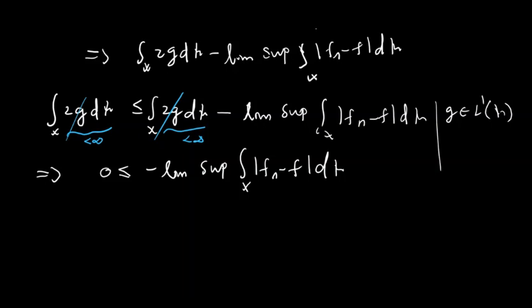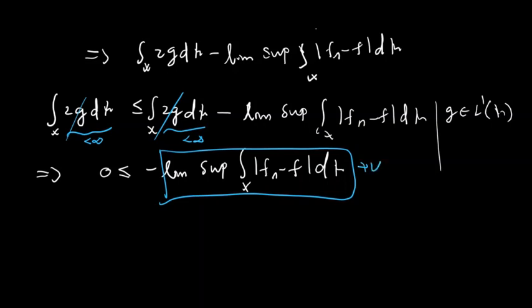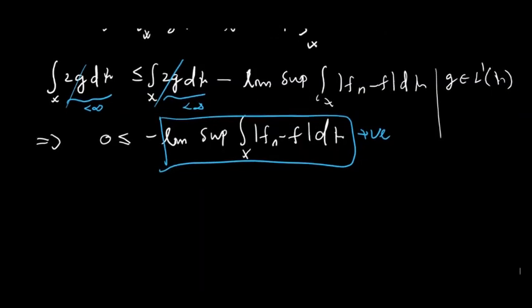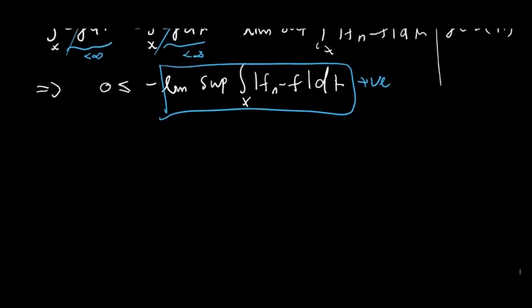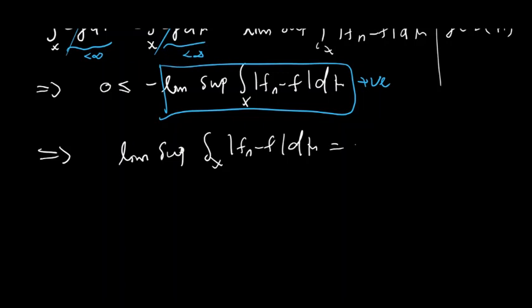Here, this is a positive quantity, and the minus of this positive quantity is negative. So from this it is clear that lim sup of the integral over X of |f_n minus f| dμ equals 0.